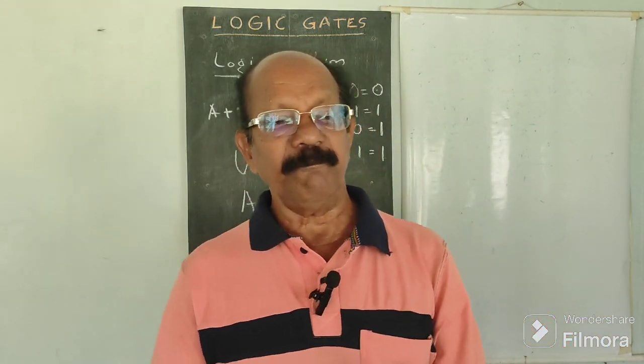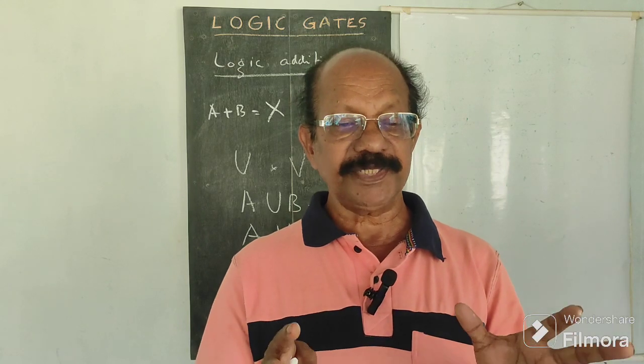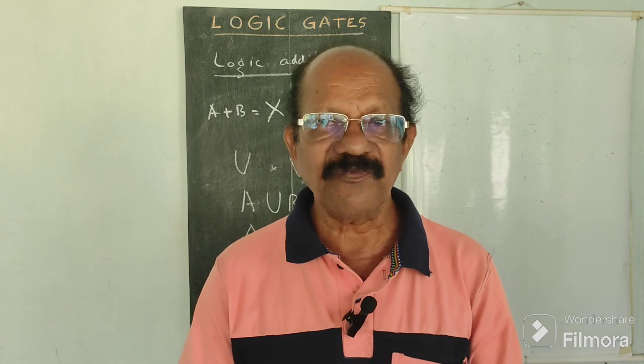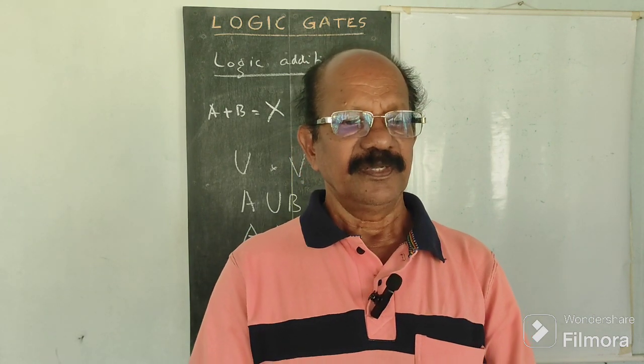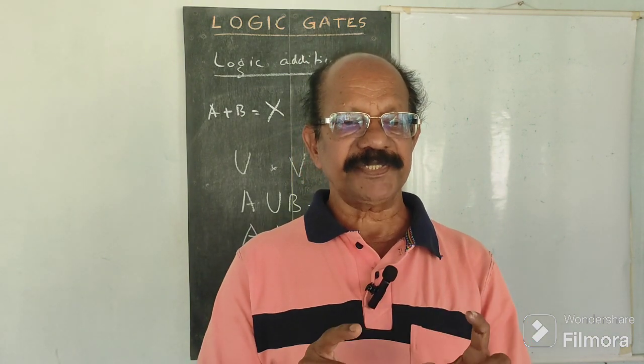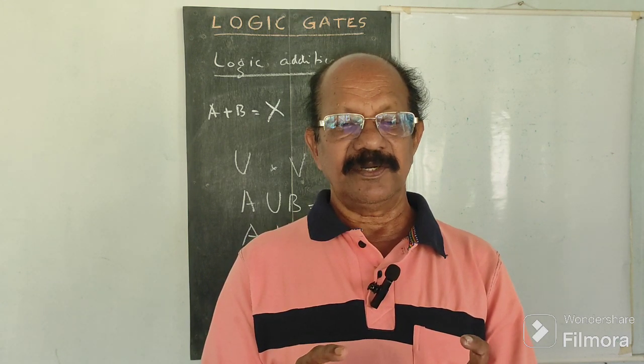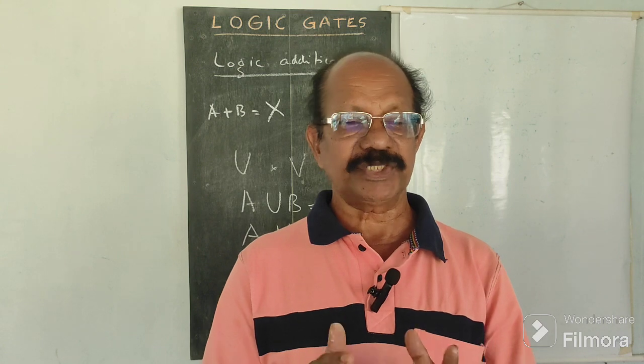The first addition implies that the output is false or 0 only when both inputs are false or 0. The meaning of the plus sign often becomes clear from the context, as shown.